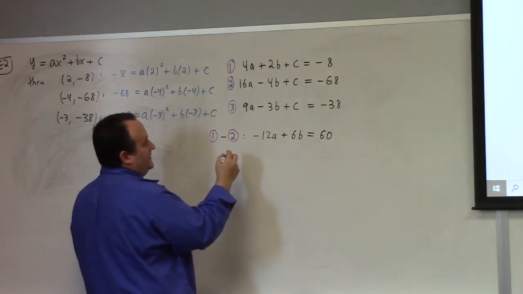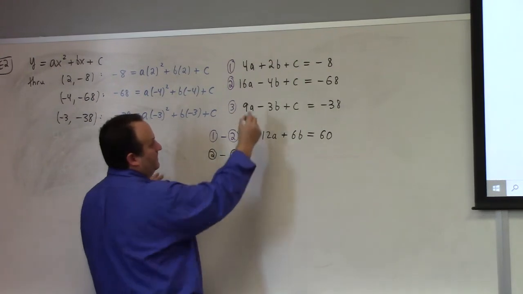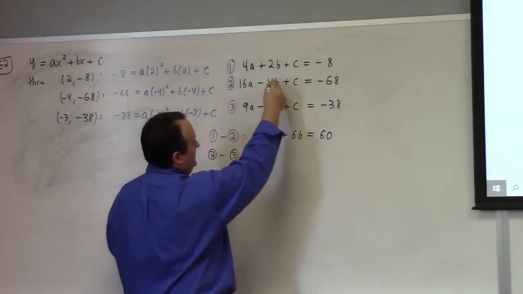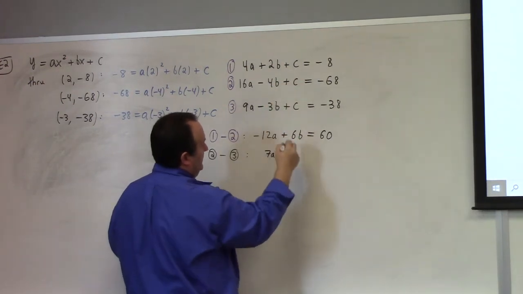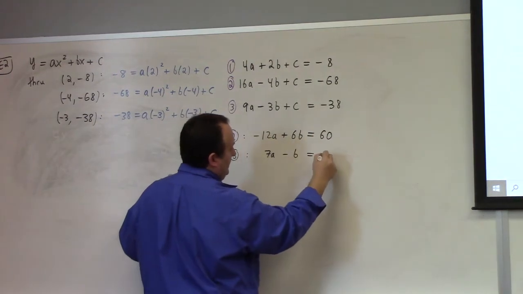And if we look at equation 2 minus equation 3, what's that give us? 16 minus 9 is 7a. Minus 4 plus 3 is minus b. And that gives us minus 30.